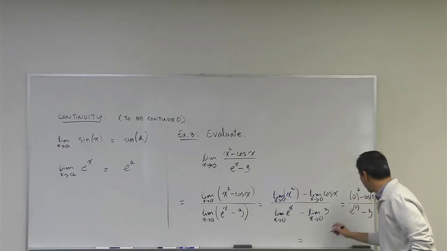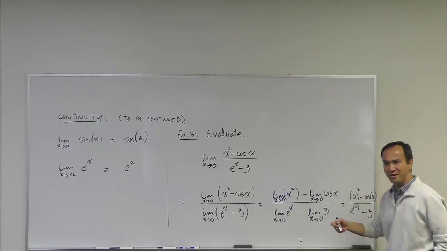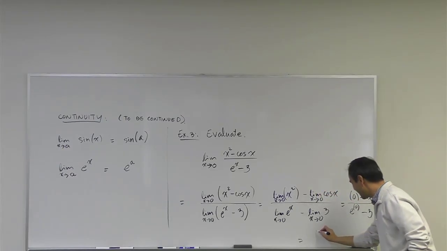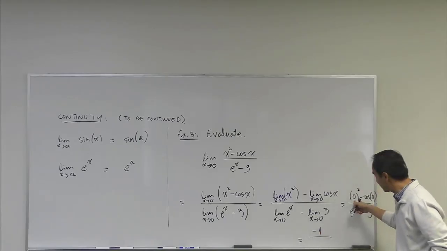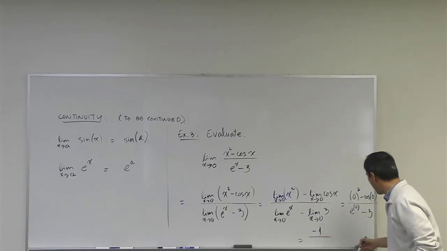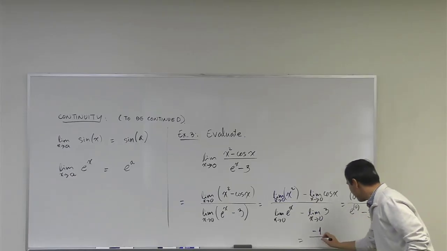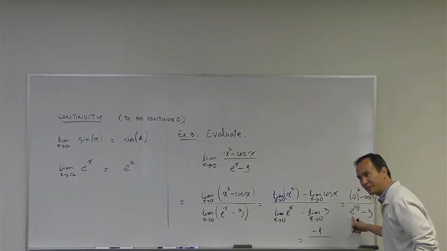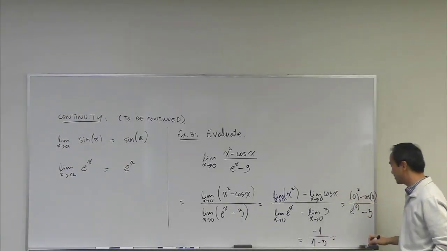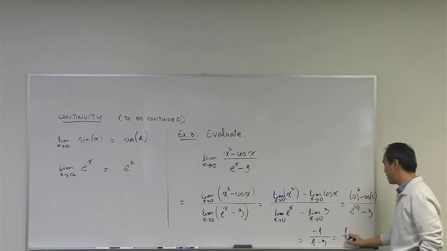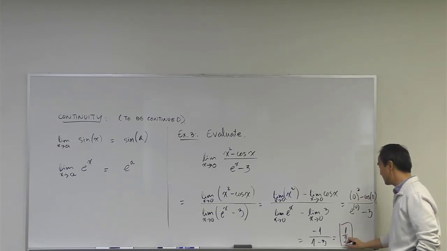So it's 0 minus cosine of 0, which is 1, so minus 1 on top. Divided by e to the 0, which is 1, minus 3. So now our answer comes out to be positive 1/2, right? You all agree with that?